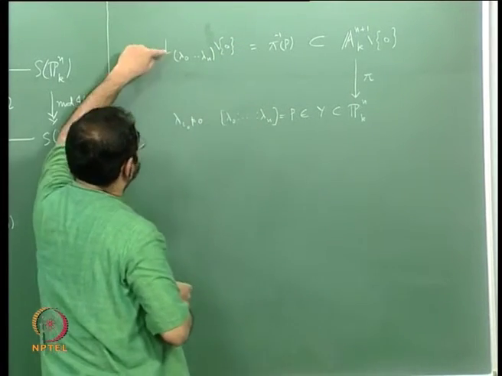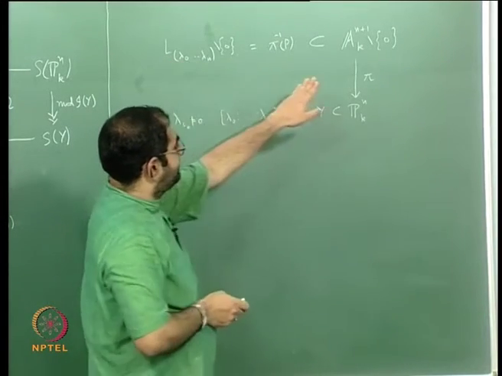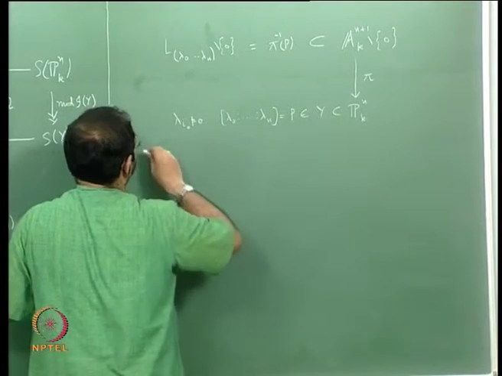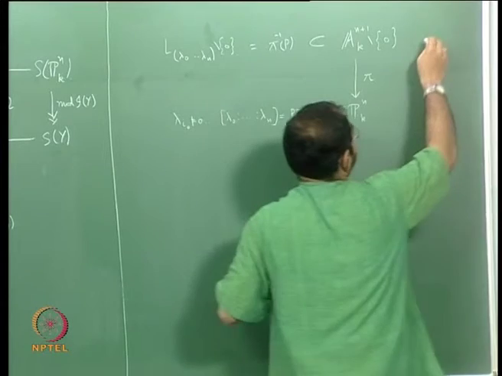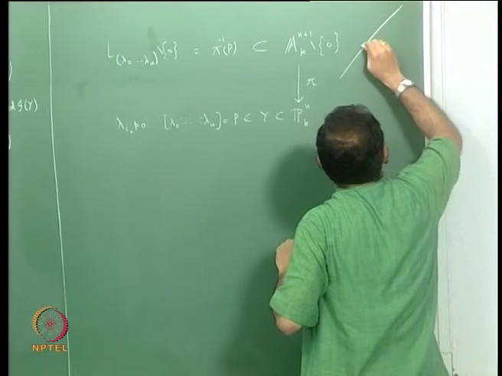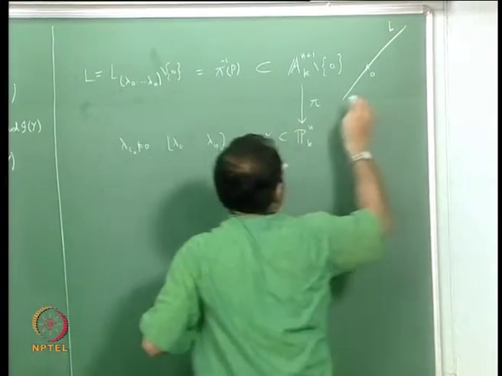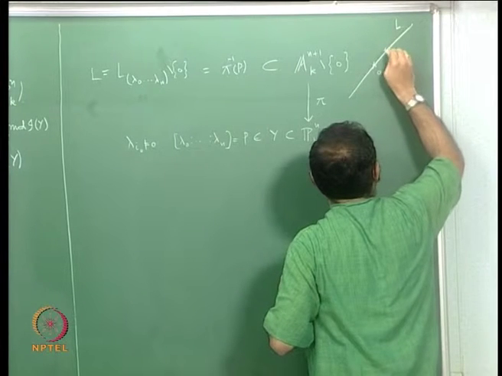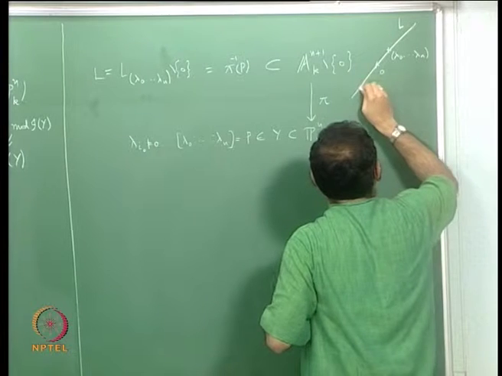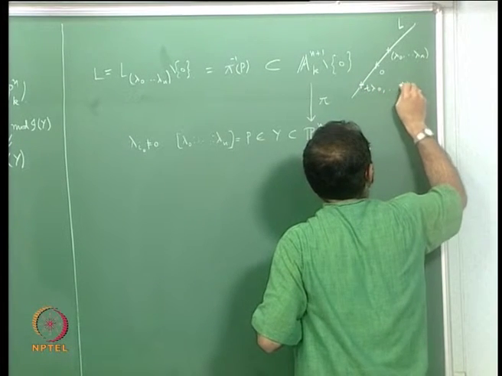And you see, what is the equation of this line in the affine space? So you see the picture is that you have the origin, and then you have this line L, and of course there is a point on it which is given by (λ_0, ..., λ_n), and any other point on it is given by (tλ_0, ..., tλ_n).